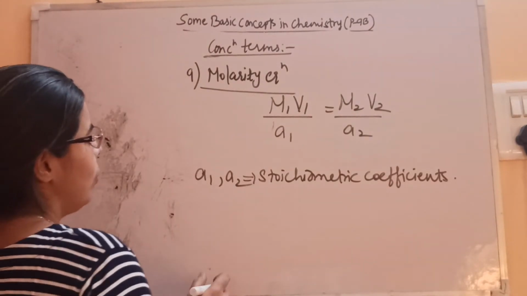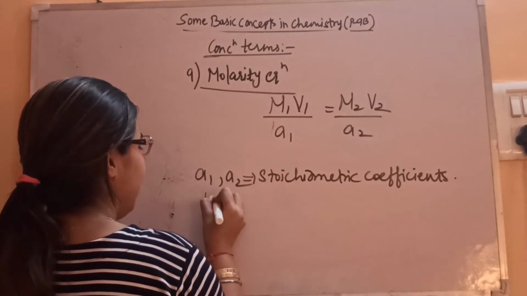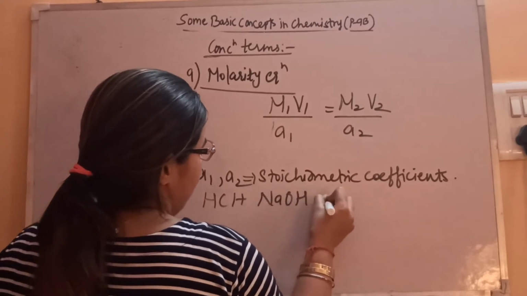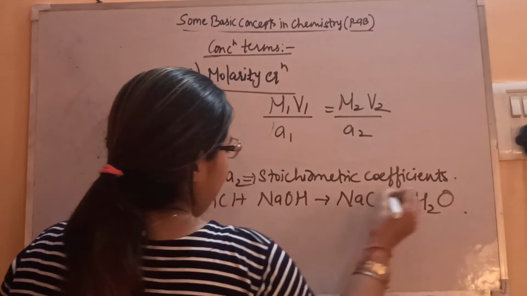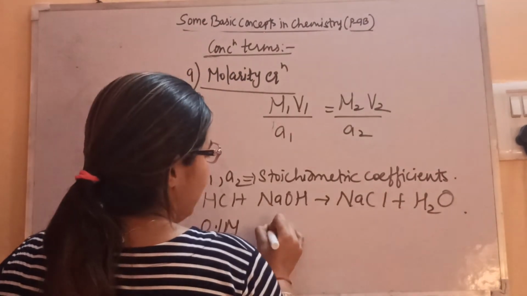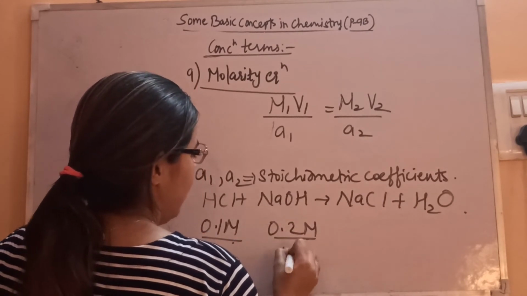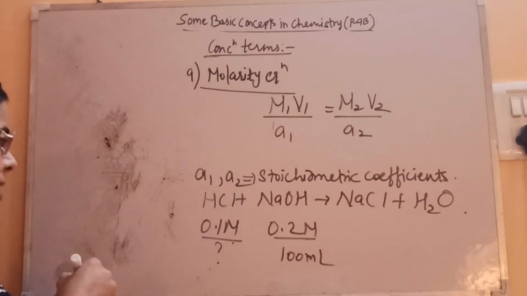So let's see how to use this equation. For example, suppose you take a neutralization reaction, which gives you salt plus water. Let's say HCl is 0.1 molar and NaOH is 0.2 molar. The volume of NaOH is 100 ml, and you have to calculate the volume of HCl.